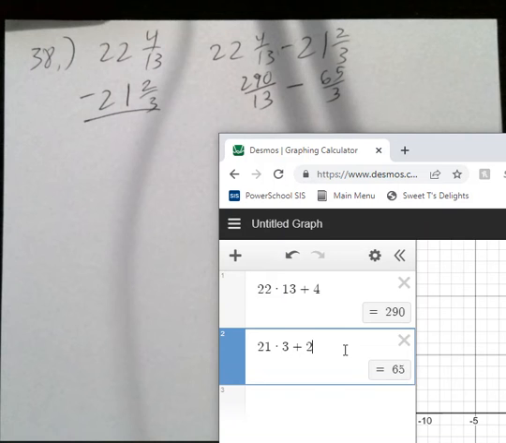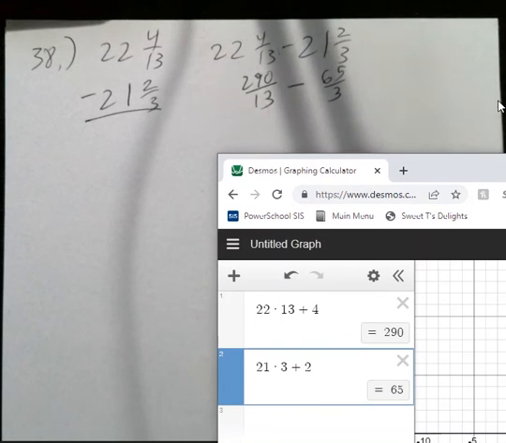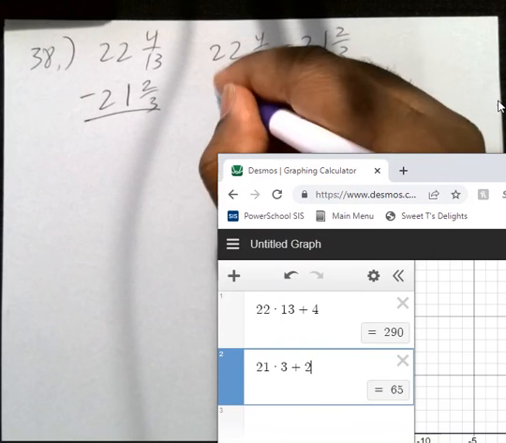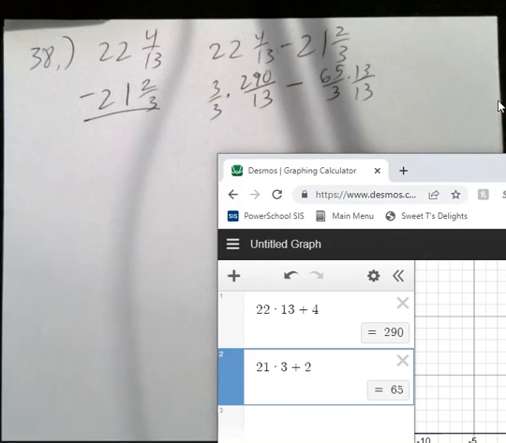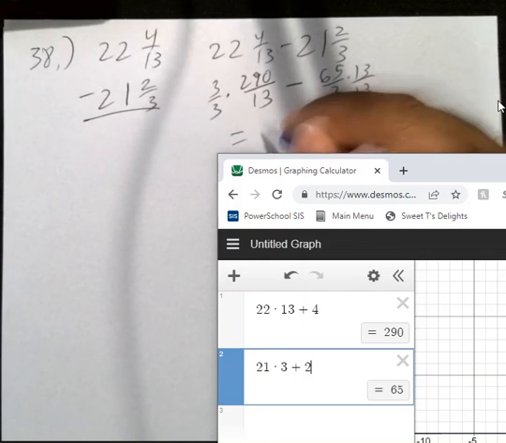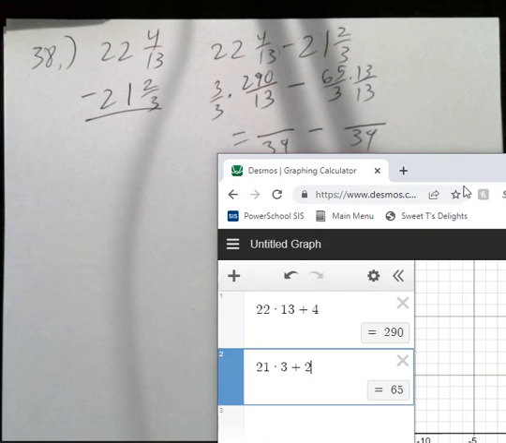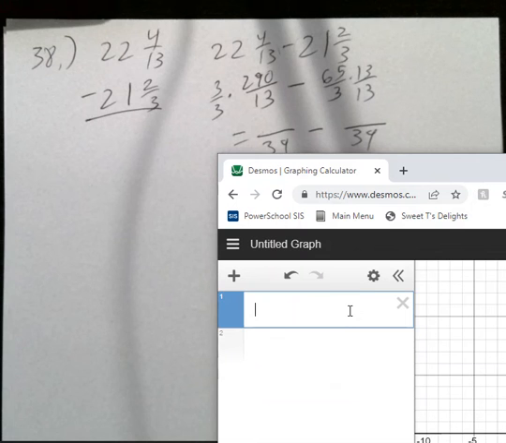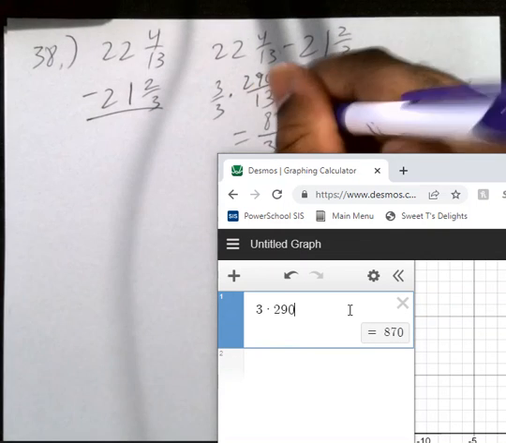Now these are our fractions. Our common denominator of 13 and 3 is actually 39. So in order to get 39, we will have to multiply the numerator and denominator here by 3, and then the numerator and denominator here by 13. So our denominator would be 39. And again, we can utilize our calculator. So we could do 3 times 290. That'll give us 870.